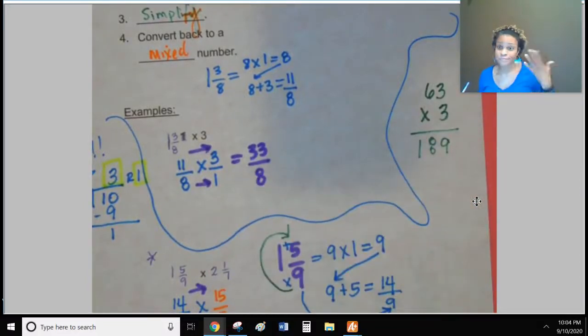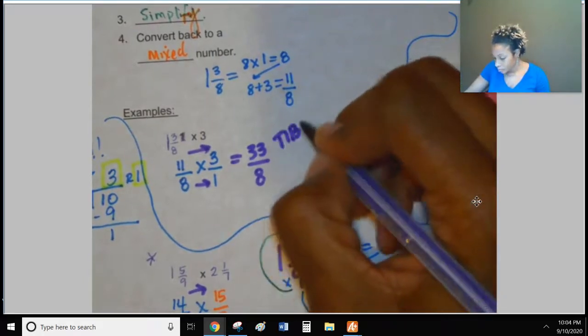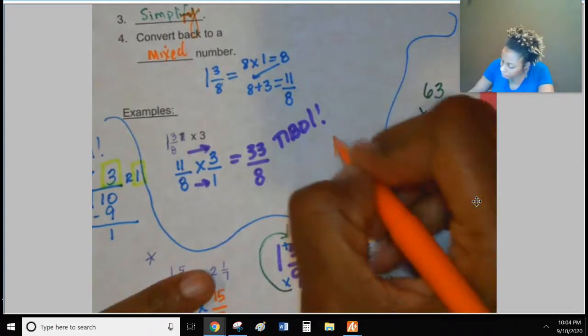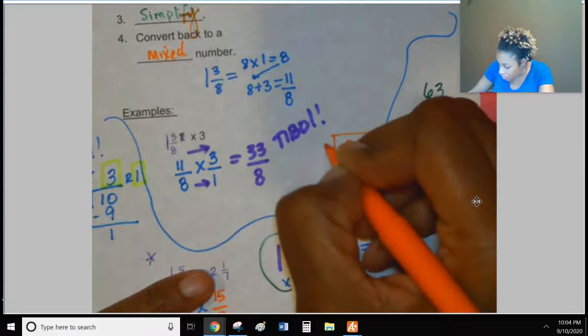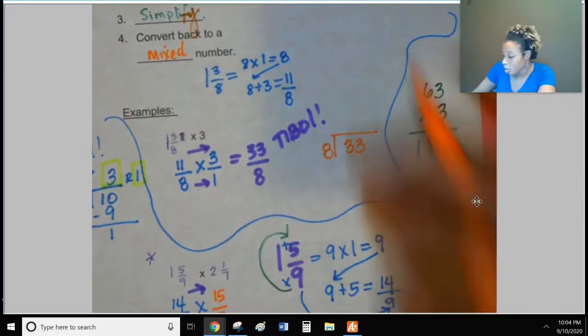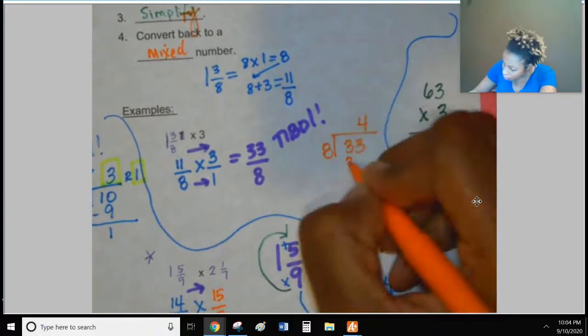33 eighths is an improper fraction. So we T-bow that thing. Top in, bottom out. I'm going to put 33 inside the house, 8 outside of the house. How close can I get to 33? 8 times 2 is 16. 8 times 3 is 24. 8 times 4 is 32. So 4 times 8 is 32.